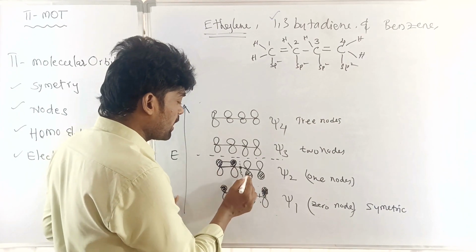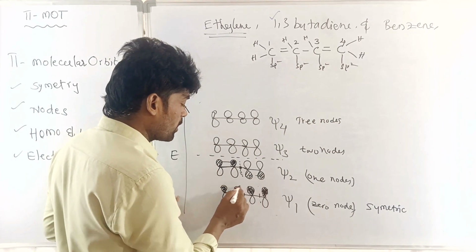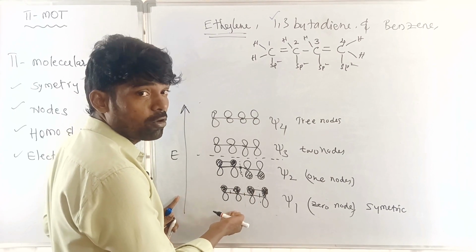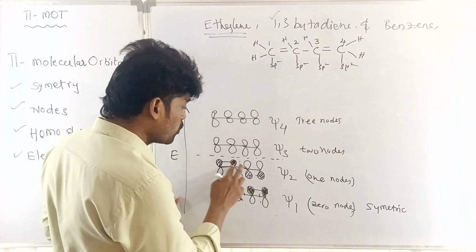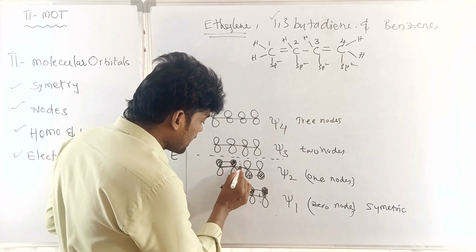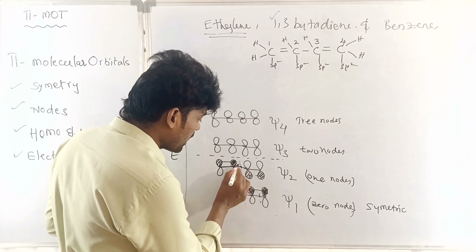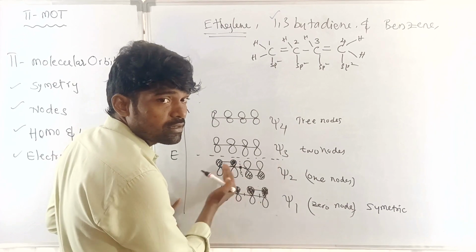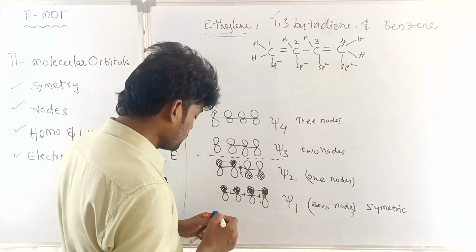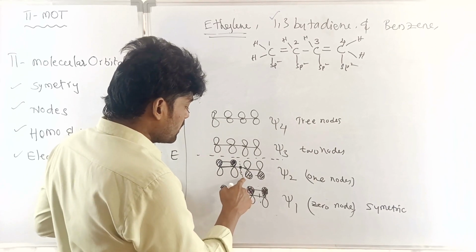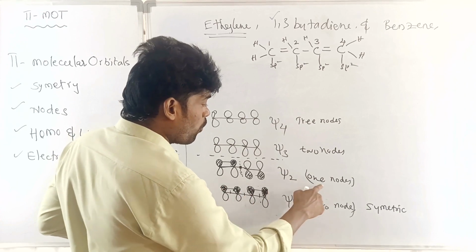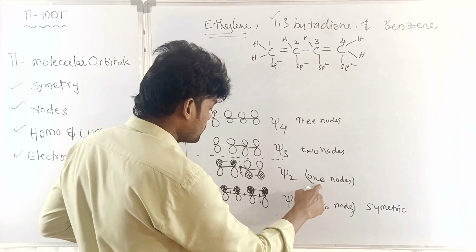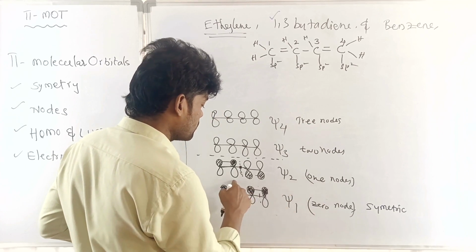Means here a bond can form, here also a bond can be formed. Here bond, here bond. That's why these are bonding molecular orbitals. Two double bonds. In this case, with this point, we can separate these two parts. So this psi 2 orbital is a one-node molecular orbital.